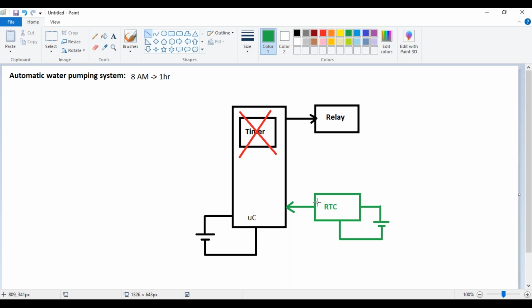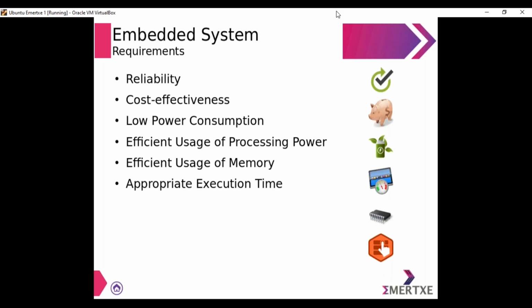That is one of the important things to be taken care of while designing an embedded system. Apart from that, efficient usage of memory also plays an important role. Memory is always a topic of concern in embedded systems.